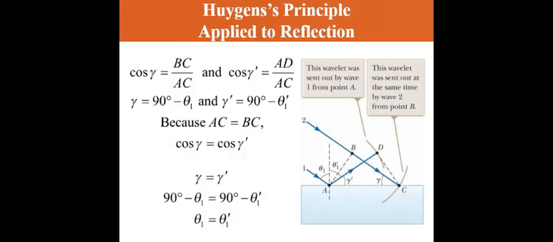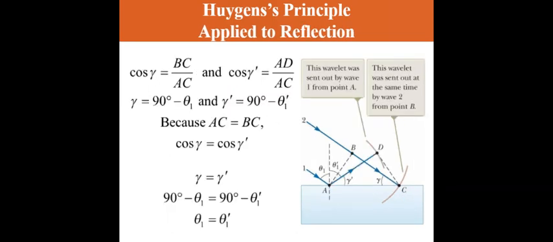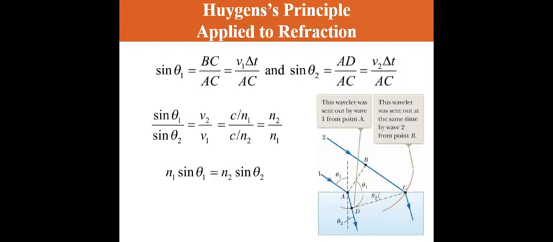You can actually use this principle to come up with the law of reflection and the law of refraction. So to restate, the Huygens principle can be used to derive the law of reflection by considering the wavelets propagating outwards from two different rays.